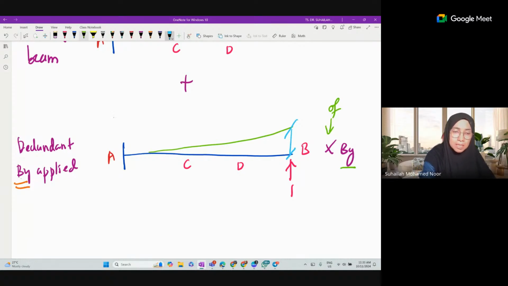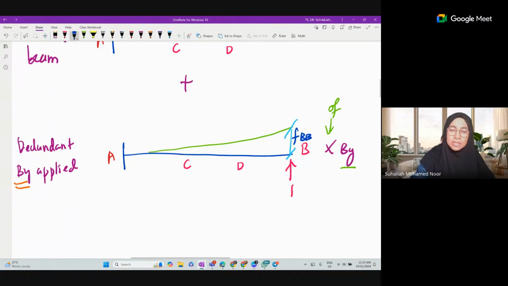Here is FBB. This one is FBB, due to a unit value. Okay, it is also a displacement: the deflection at position B due to a unit value of BY.